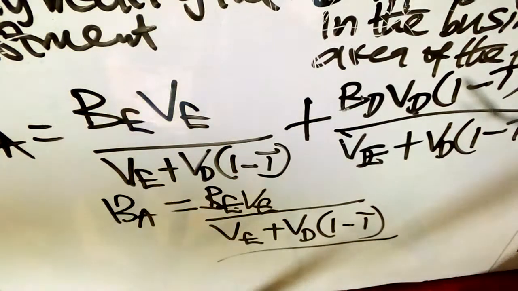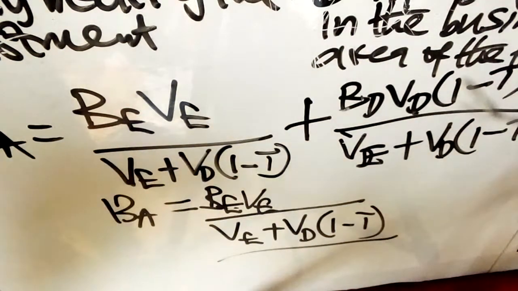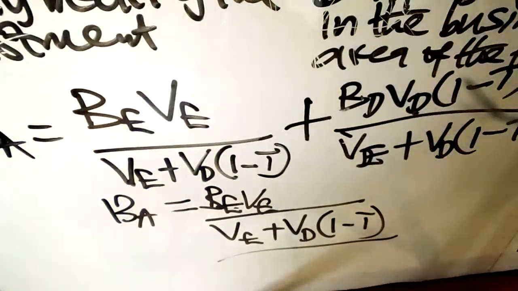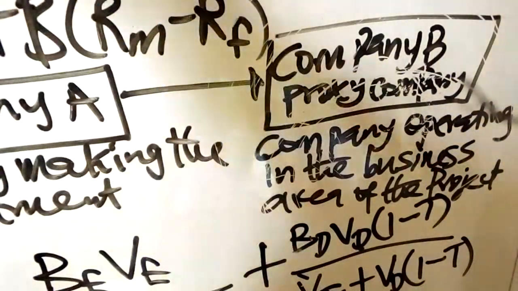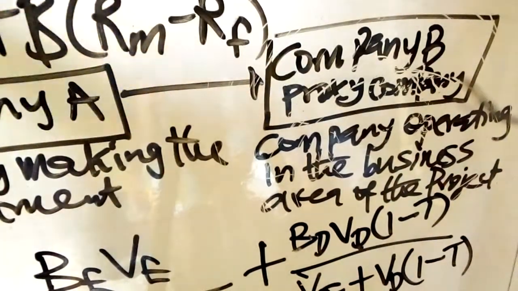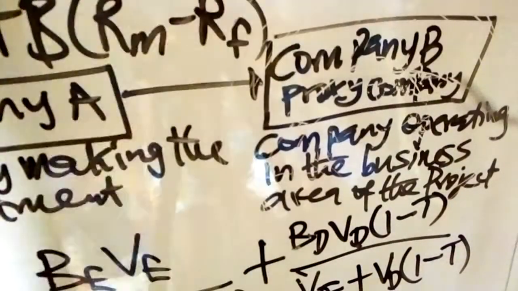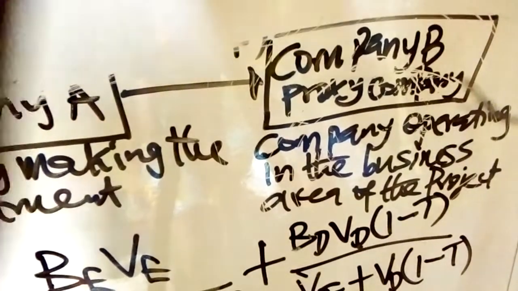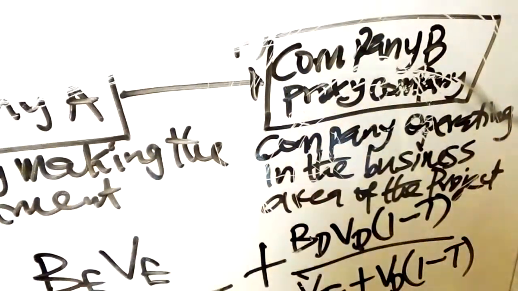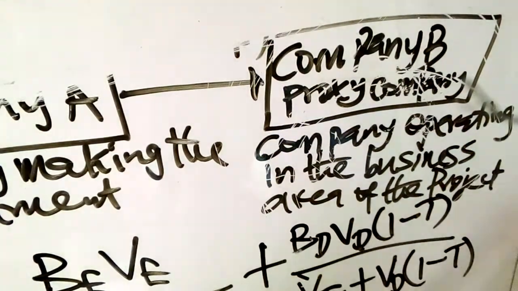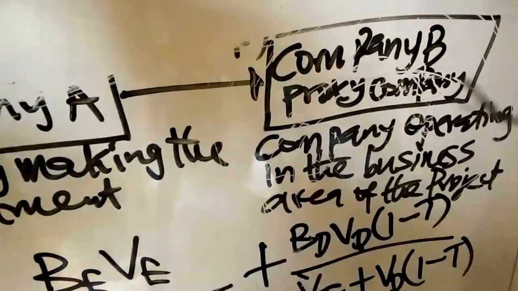Step 3. I've told you earlier that company B is the proxy company. The proxy company is the company in the business area of the project.